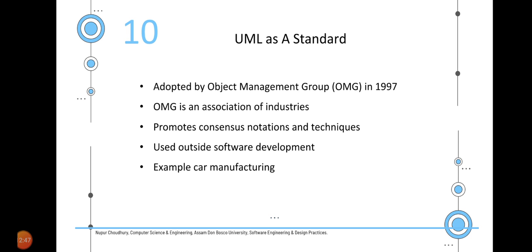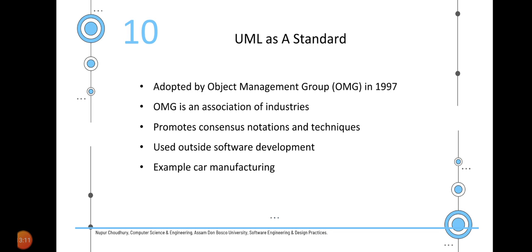Basically, this standardization has to be accepted or adopted by some standard organization. In case of UML, it was adopted by the Object Management Group, which is OMG, in 1997. It is basically an association of industries, and it promotes consensus notations and techniques which are widely used and agreed upon.